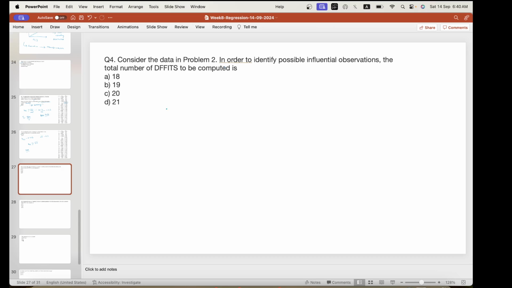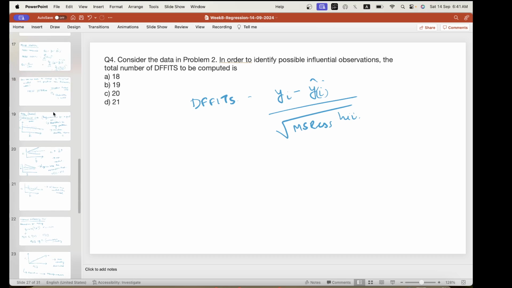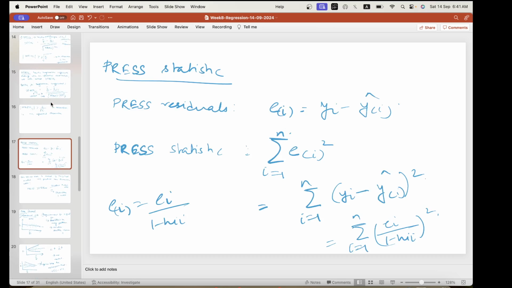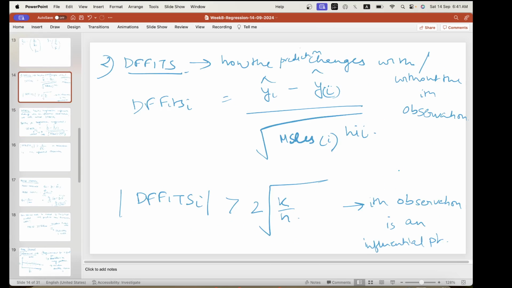So DF fits, if you remember, this was (yi minus yi hat) divided by root over MS residuals into Hii. This was what we had learnt about DF fits.